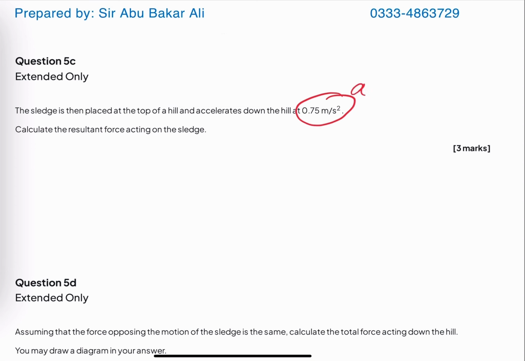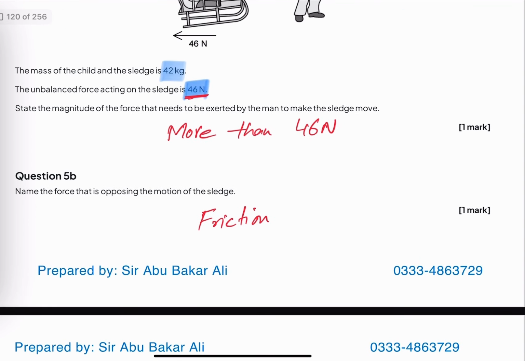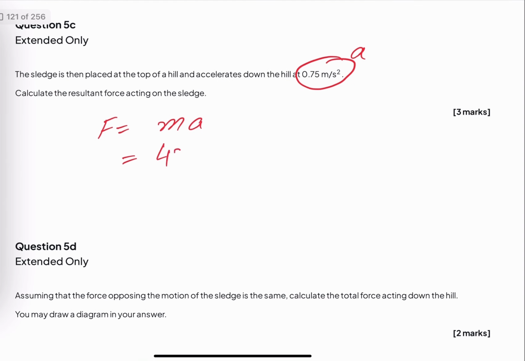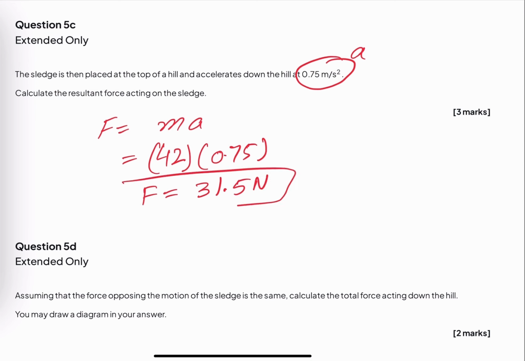Calculate the resultant force acting on it. So F equals ma is the relation we have to use. Mass was 42 kg. So 42, acceleration is 0.75. Multiplying both of them gives you 31.5 Newton. Okay, so that is the resultant force.